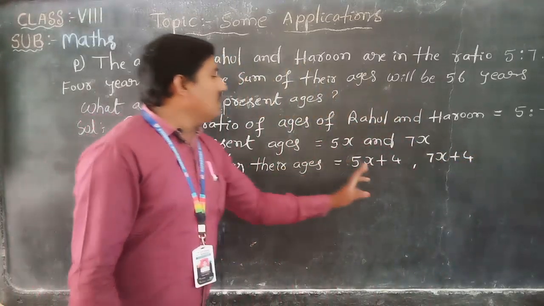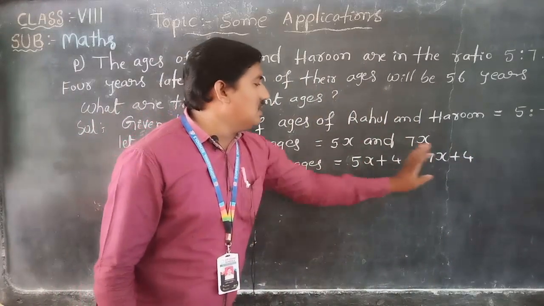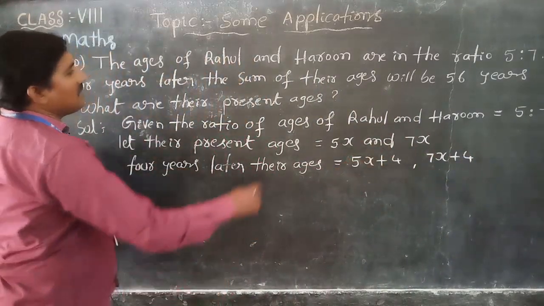And the two ages after 4 years adding, the sum is 56.